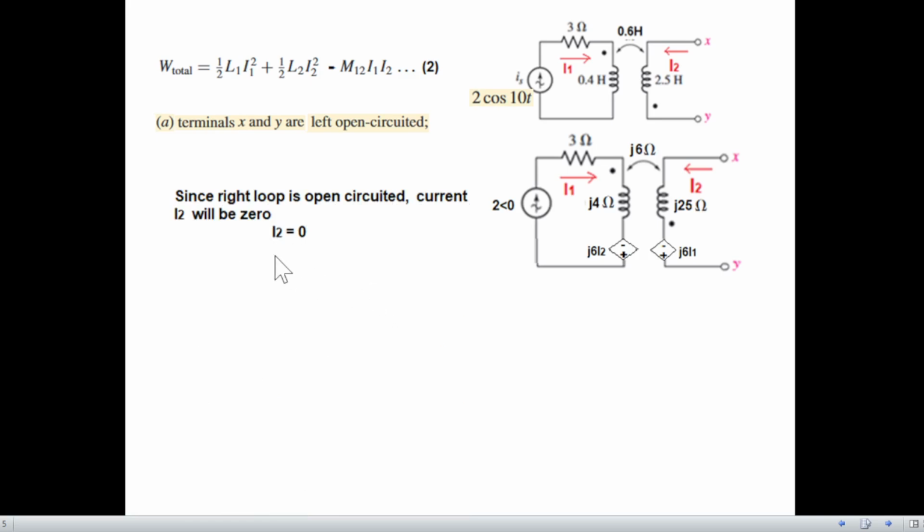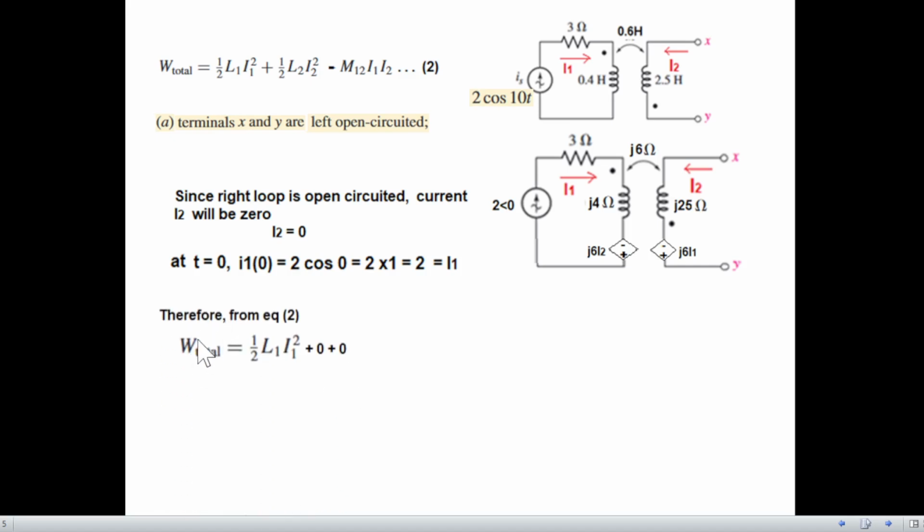So we'll plug in I2 = 0 in equation number 2. And also at t = 0, I1(0) will be 2 cos 0, and 2 cos 0 will be 2 into 1, which is 2, and this is our I1. So I1 is 2 here, and I2 is 0.